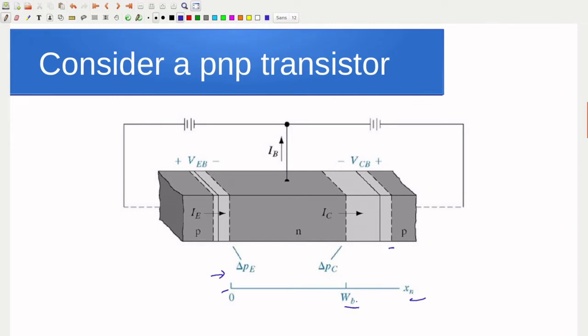If you remember, I had mentioned in the previous video regarding the base width. Base width is normally the available active area in the base between the depletion regions, this area. So this connection will be the basis of all the equations that we will be writing regarding the terminal currents of the PNP transistor.